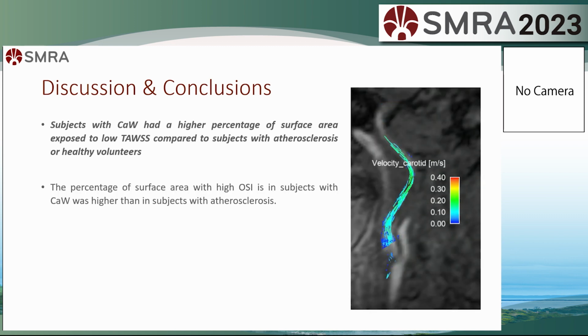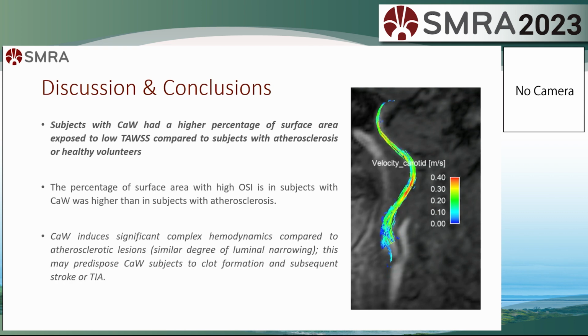OSI was also higher in patients with carotid web compared to athero, and this might help us understand why these patients develop clots in these specific regions, even when we compare them to subjects with similar luminal narrowing in athero. Hopefully we can answer why there's clot formation with further studies in the future.